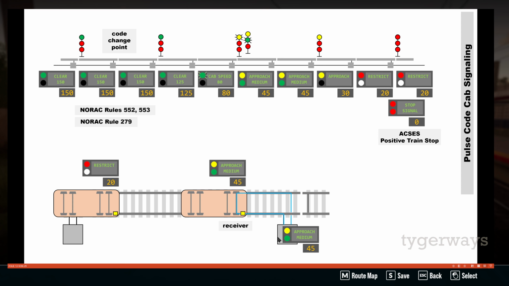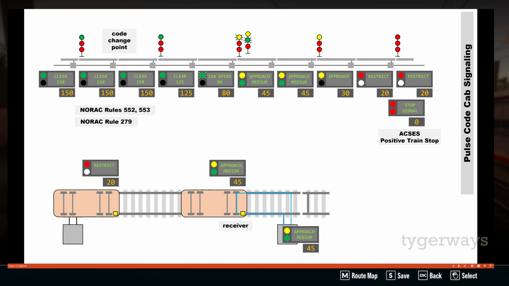This is why those machines send their signals backwards instead of ahead, and why the restricting aspect is connected with the 0 pulses code. That was the presentation for today.